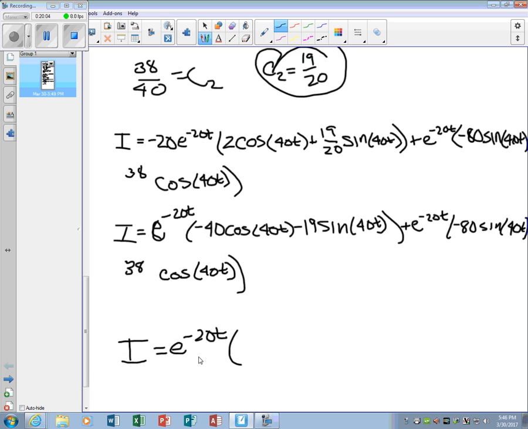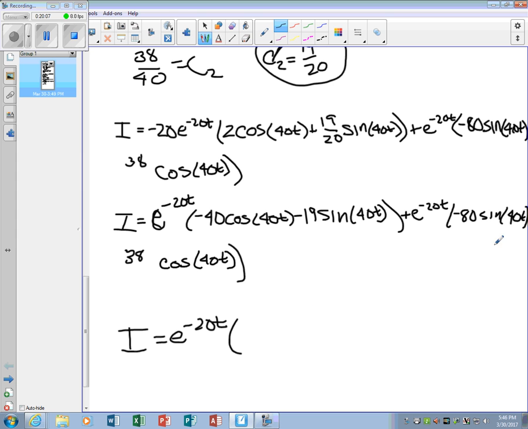So now it comes out nice. I was looking back at it and it was saying it wasn't going to be nice to me. So this comes out to be a very nice problem and ends up being negative e to the negative 20t times 2 cosine 40t plus 118 sine 40t.